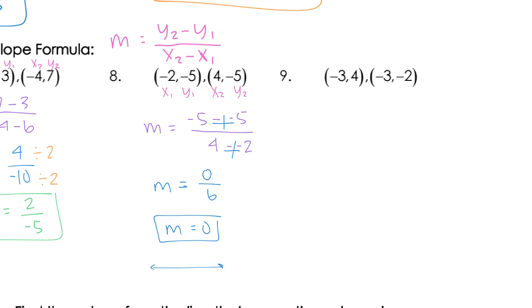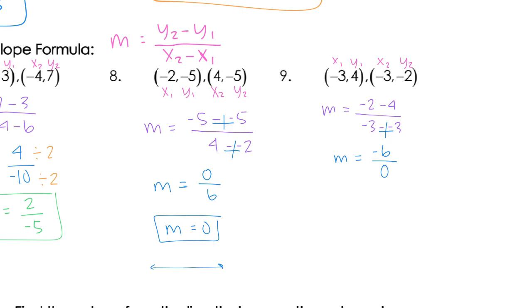And then going over to number 9 here, again, labeling x1, y1, x2, y2, and then if I plug everything in, we have m equals negative 2 minus 4 over negative 3 minus a negative 3. So then if I simplify this, m equals negative 2 minus 4 would give us a negative 6 over that. Those double negatives there become a positive, so negative 3 plus 3 gives us 0.